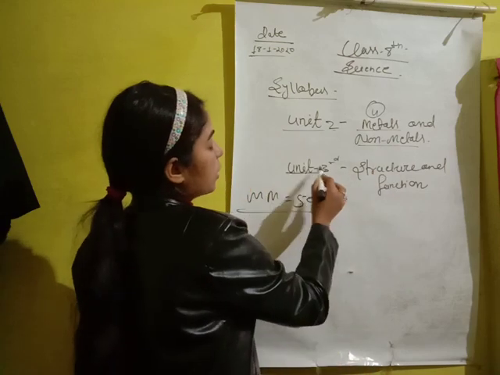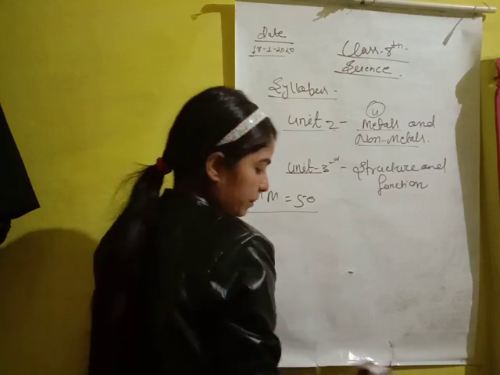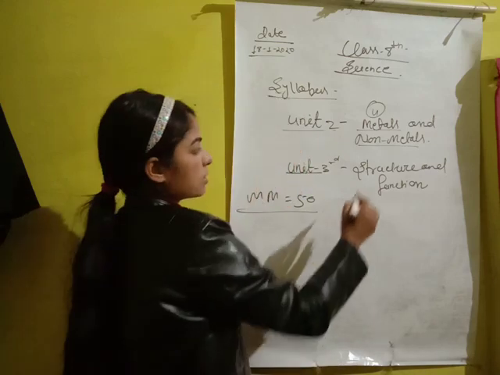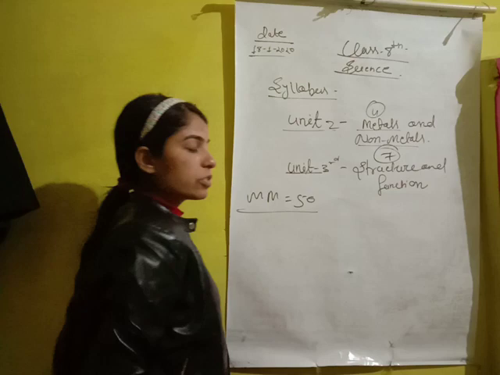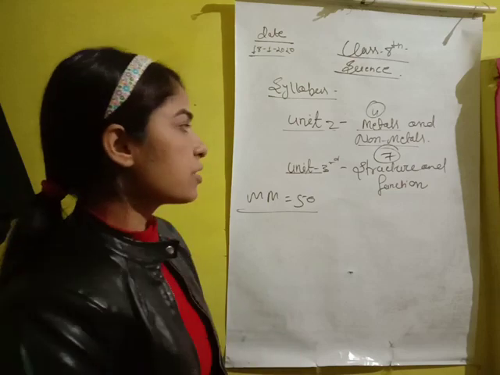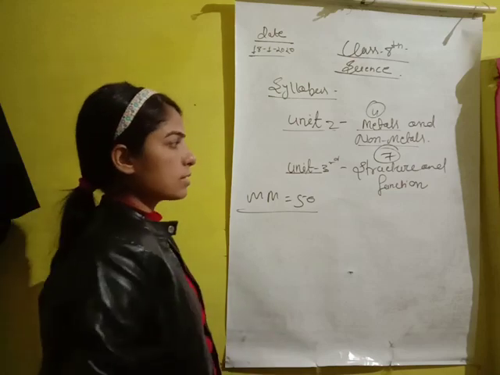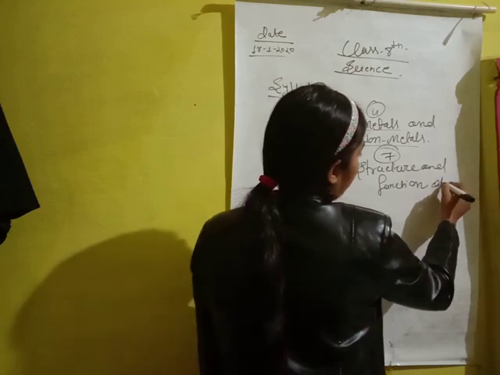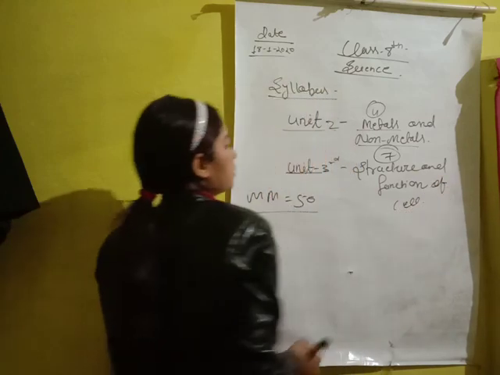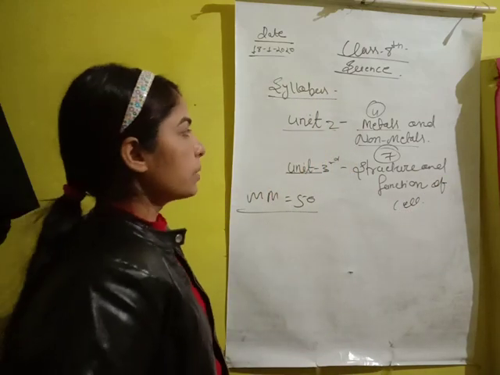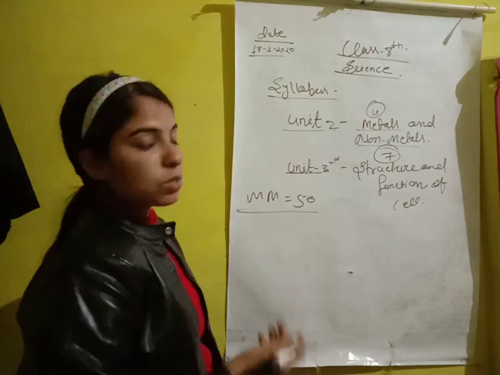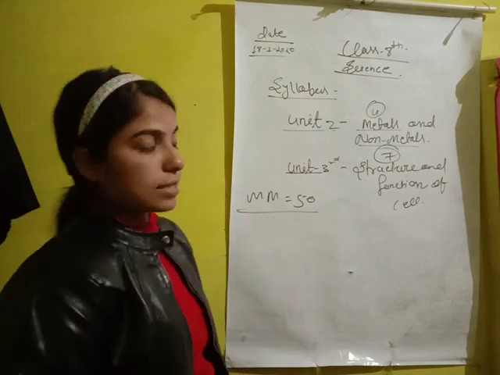And unit 3rd, your chapter is cell structure. This is chapter 7, that is structure and function of a cell. This is your unit 3rd chapter, chapter 7. So this is your syllabus for your unit test examination.